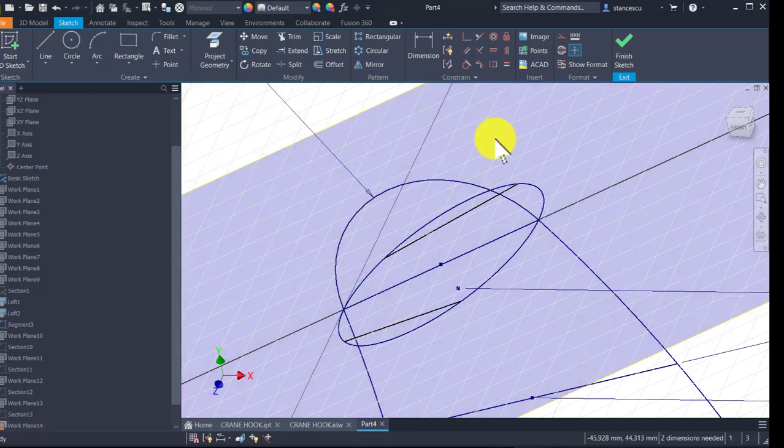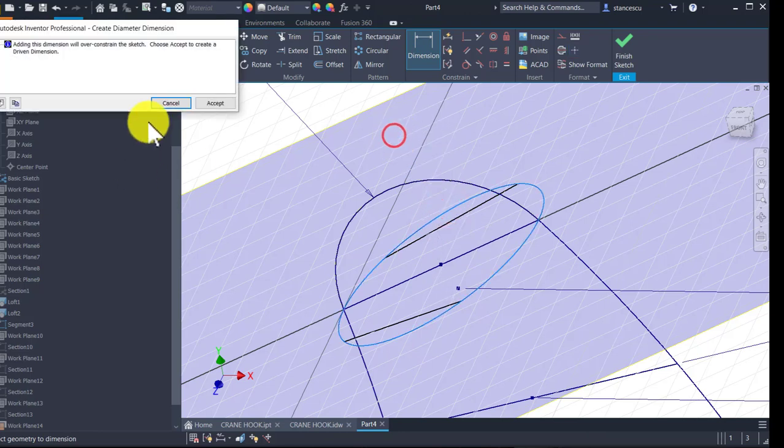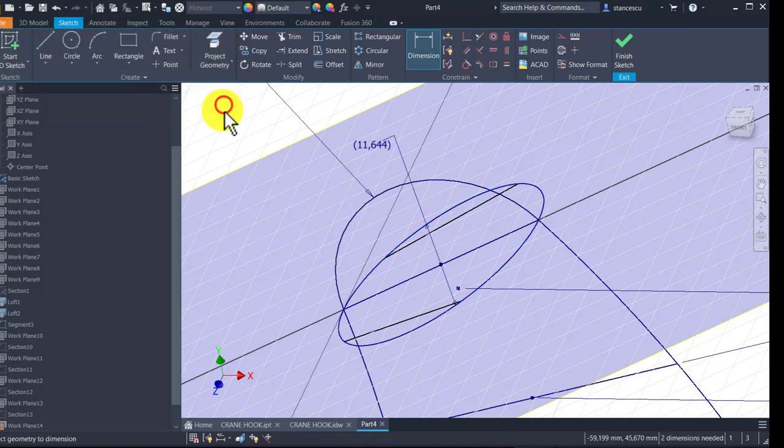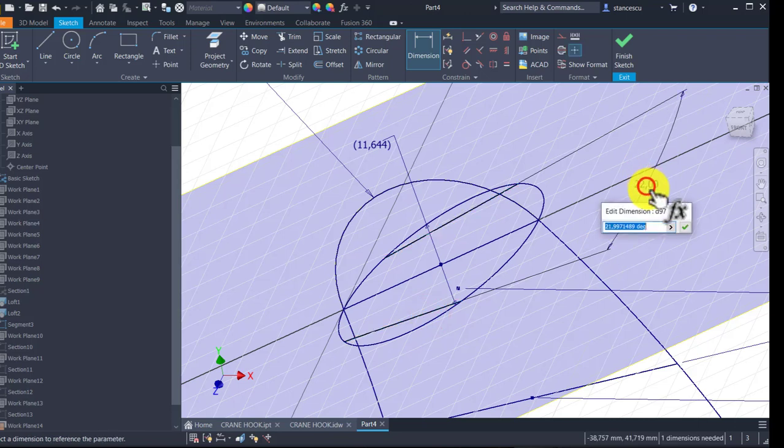Now I don't split, but I apply dimensions first. Driven angle, cut angle, okay.